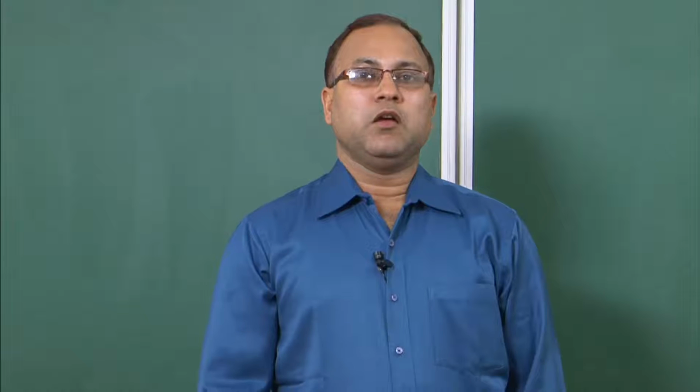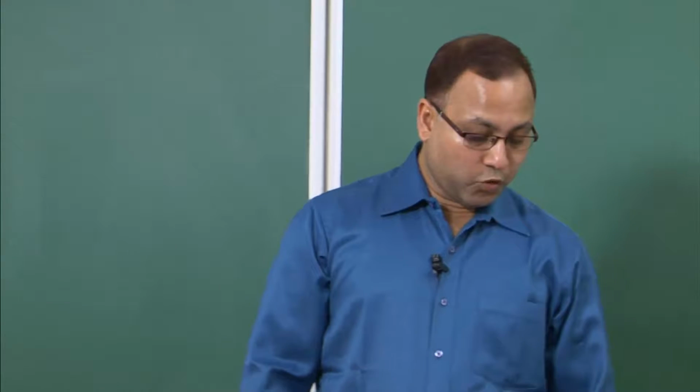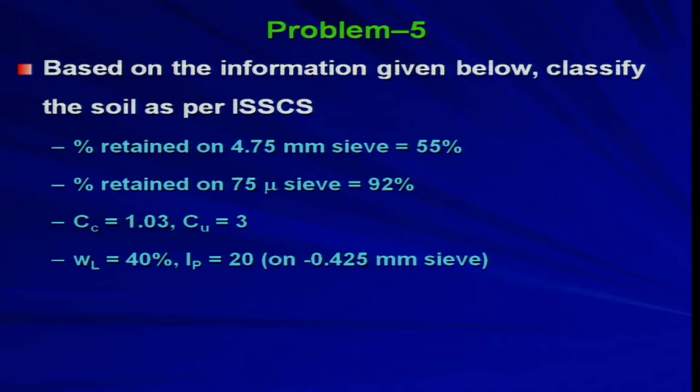Well, now we will take one problem on the soil classification system, whatever we have seen in the last lecture. The problem says: based on the information given below, classify the soil as per the Indian soil classification system.